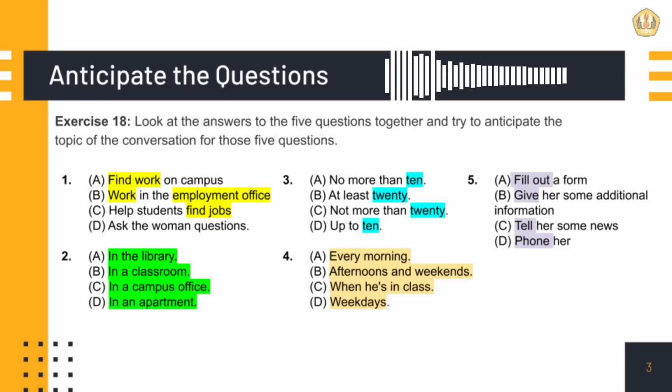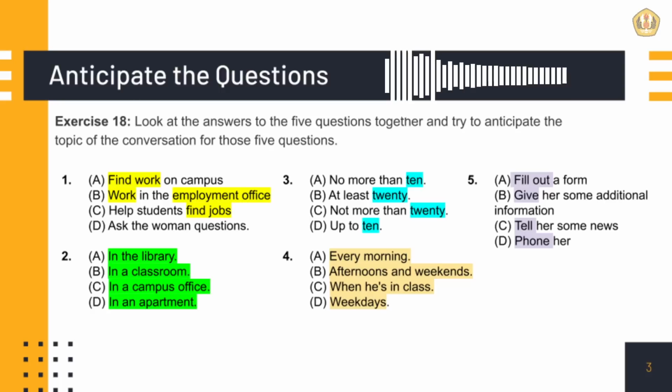So we can guess that the question is probably a what question, what the speaker is going to do about something, right? Or what the speaker is going to do next, something like that.